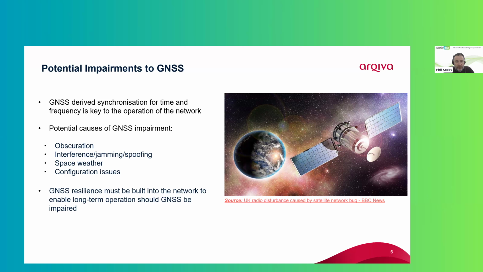Jamming, this is obviously a bit more difficult to control. In the UK, we often call this the white van effect, where there's very much local jamming, which is possible from wideband noise, low-level noise, which is being generated by jammers in white vans, quite literally.